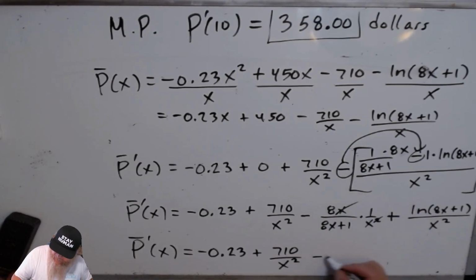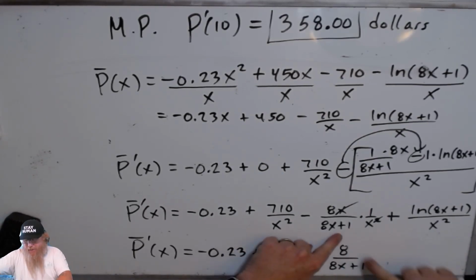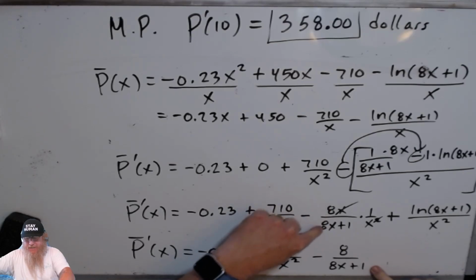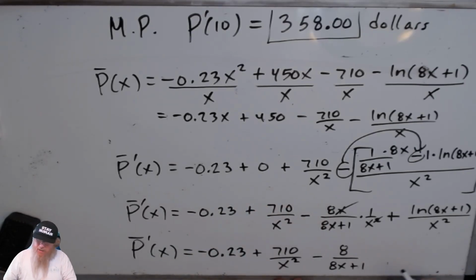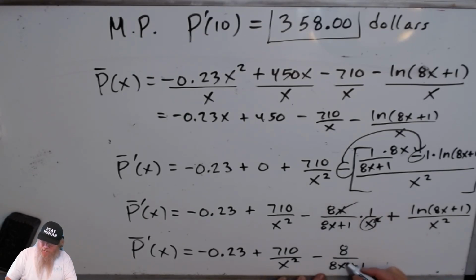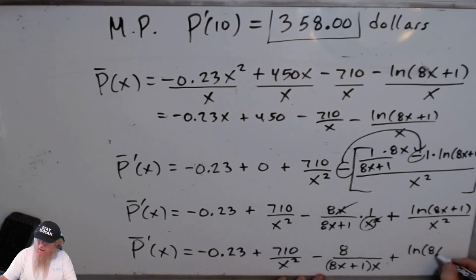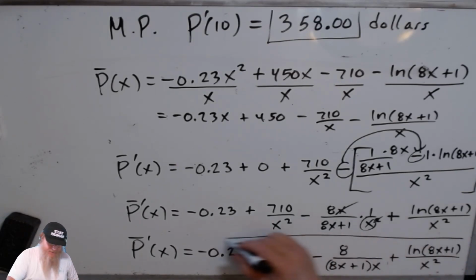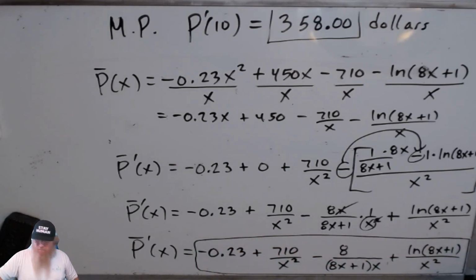Don't try to cancel the 8s. They don't cancel. If that plus 1 wasn't there, then you could cancel the 8s as well. But that plus 1 screws that all up. And then you have 8x plus 1 times x. So that's going to be like that. Plus ln 8x plus 1 over x squared. So that is your marginal average profit function.